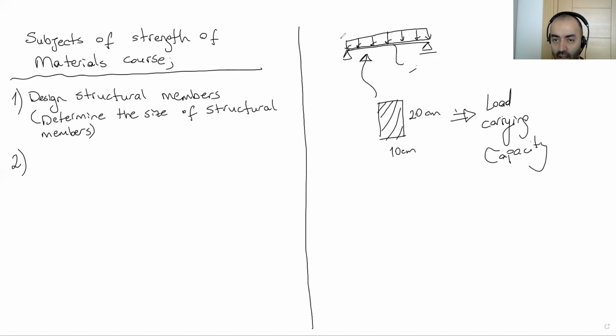Then check with the internal force that comes from this simple beam. So if my capacity is greater than the internal forces, okay, I can use my section. So that means if I know the section, in strength of material, we can calculate its load bearing capacity, load carrying capacity. Okay.